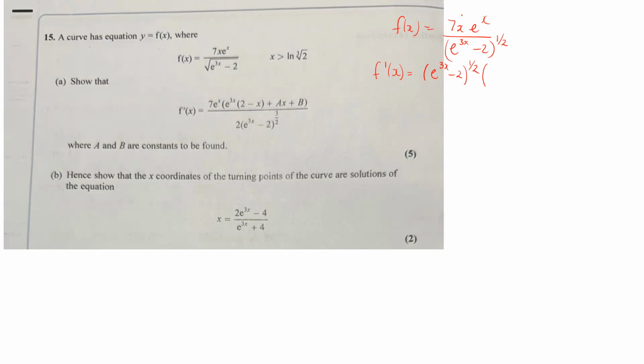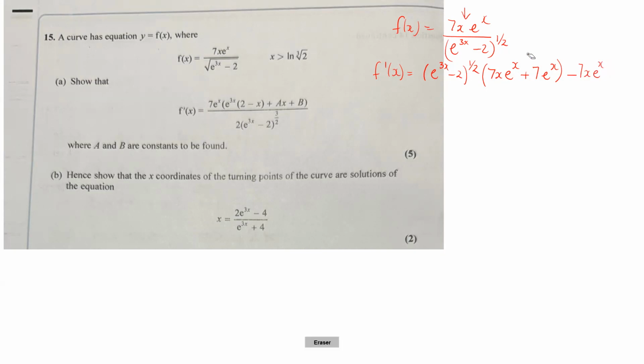So we need brackets, because when I start to differentiate this top, it's going to have two terms. And the product rule, I do first, differential of second, e to the x differentiates to itself, plus second differential of first. Differential of first is 7 e to the x. So that will be bottom differential of top minus top, 7x e to the x, differential of bottom.